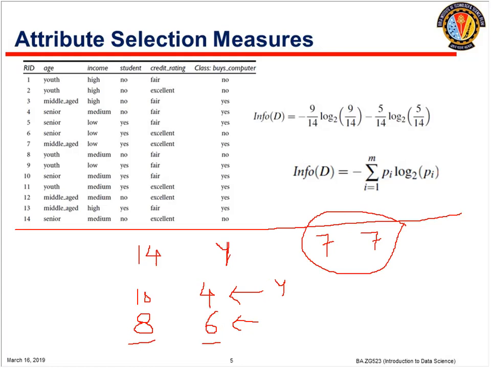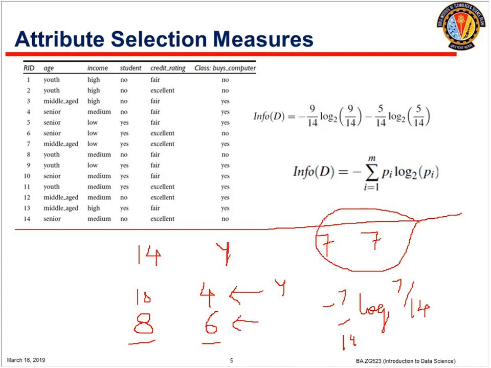Or you can say the entropy is maximum when these are equally divided, and you can see that will be the case if you put these in the formula. So you'll see minus p log p, so minus 7/14 log 7/14, and again the same thing will repeat, minus 7/14, because yes and no both have 7/7, or you can just multiply by 2 here.